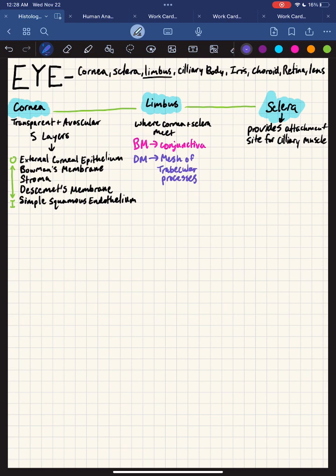Now, moving on to the choroid. So the choroid is actually split up into two layers. You've got the inner choroidocapillary lamina.